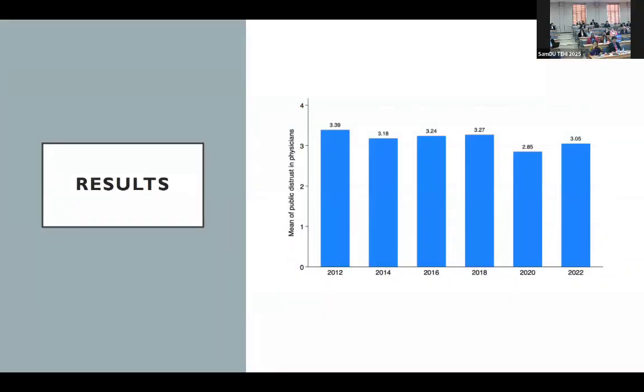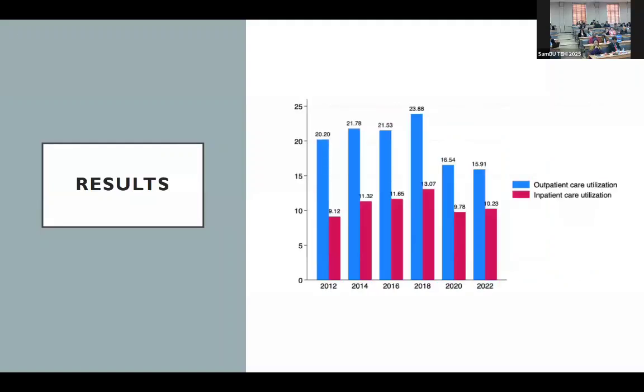As we can see, the distrust of physicians score decreased a little bit, especially in 2020. We already did research on this because of COVID-19, when doctors were announced as good enough, so you can see public distrust of physicians decrease.